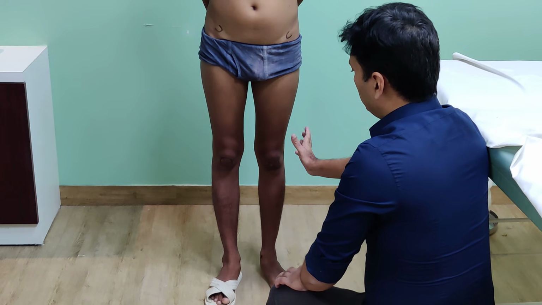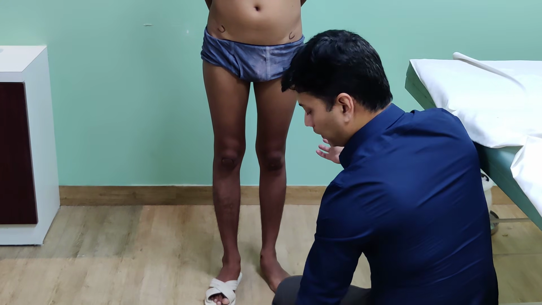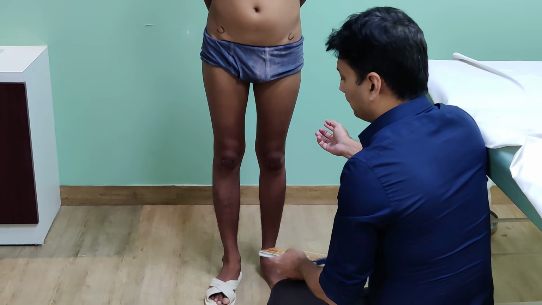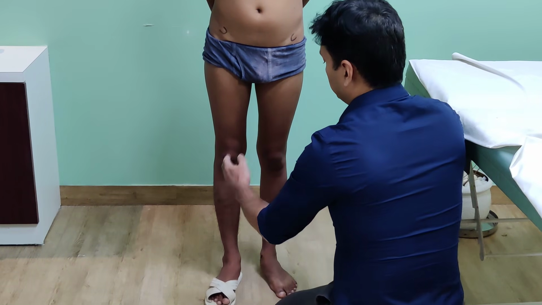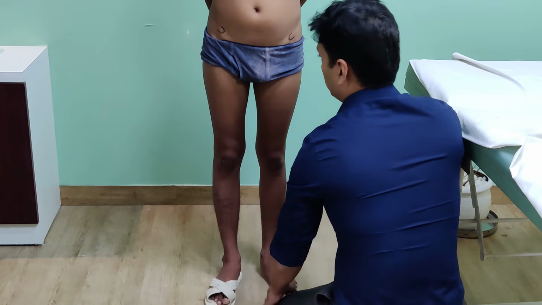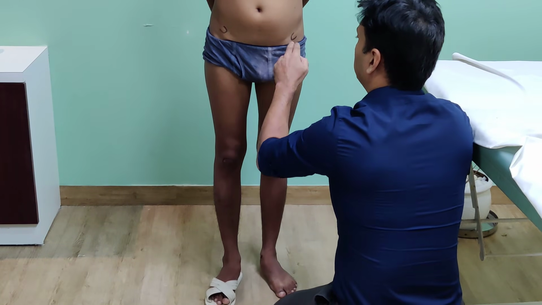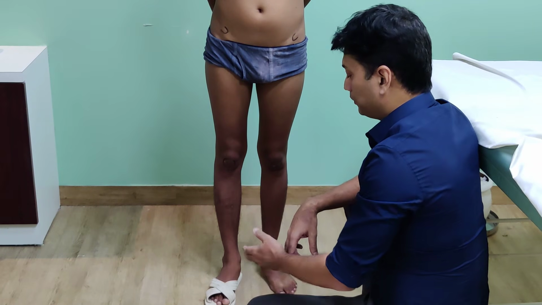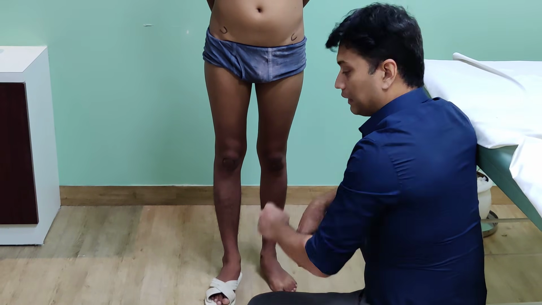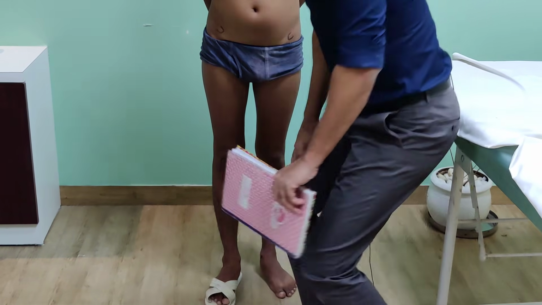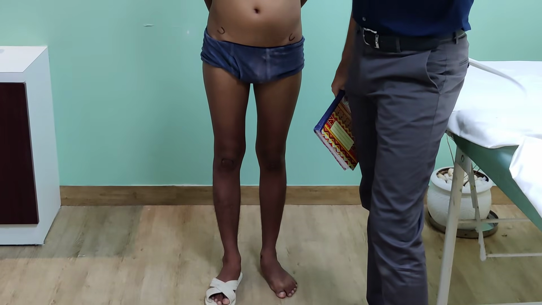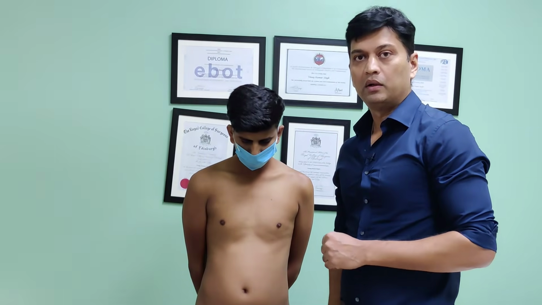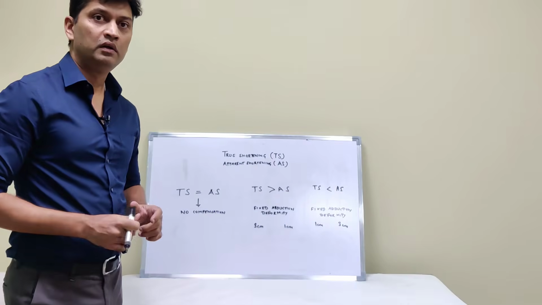So on this occasion, we will put the block not on the same side but on the unaffected side, so as to give him the shoe raise and bring the ASIS to the same level. And again, the amount of thickness of the block that you put underneath is the amount of lengthening. So this is how you can measure the true shortening or true lengthening with the block method while standing up.